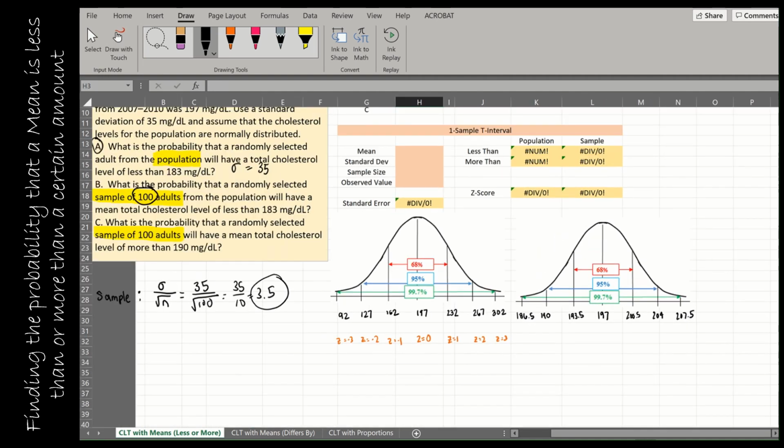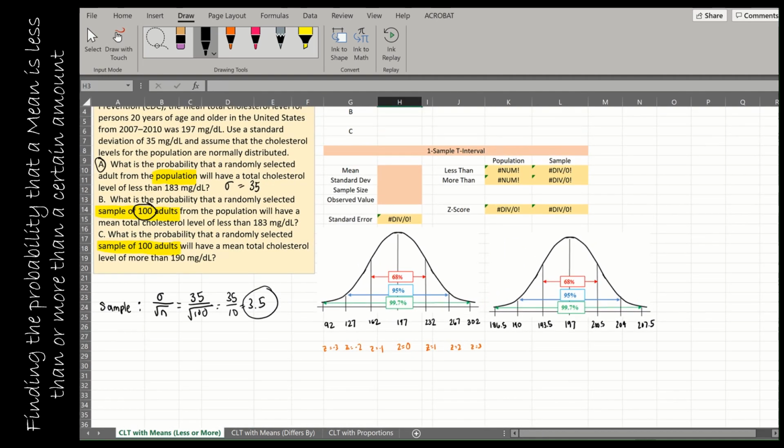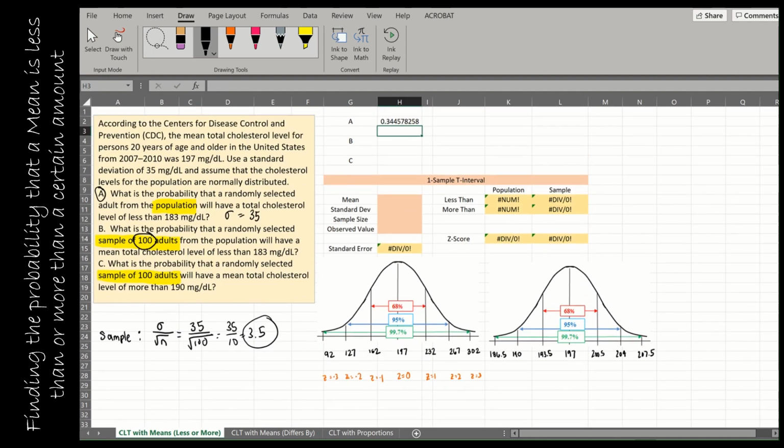Now again, why does that make a difference? Because question B is almost exactly the same question as question A, except that we have a sample. And now if I look for that value for part A, 183 was somewhere in here between the mean and the first standard deviation to the left, and so it makes perfect sense that my solution was about 34.46%.